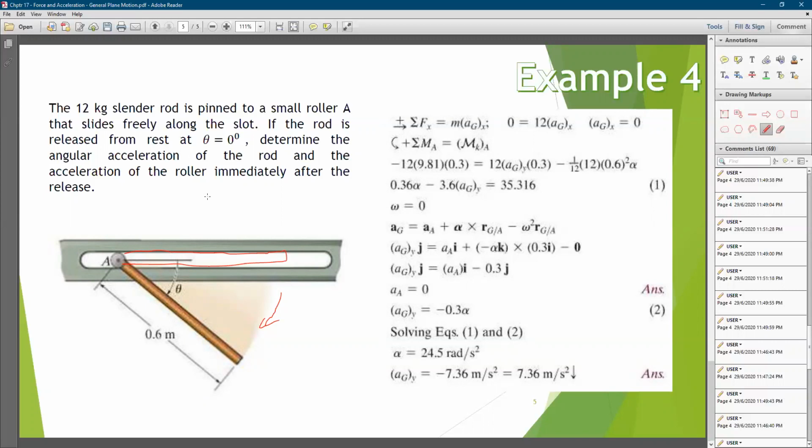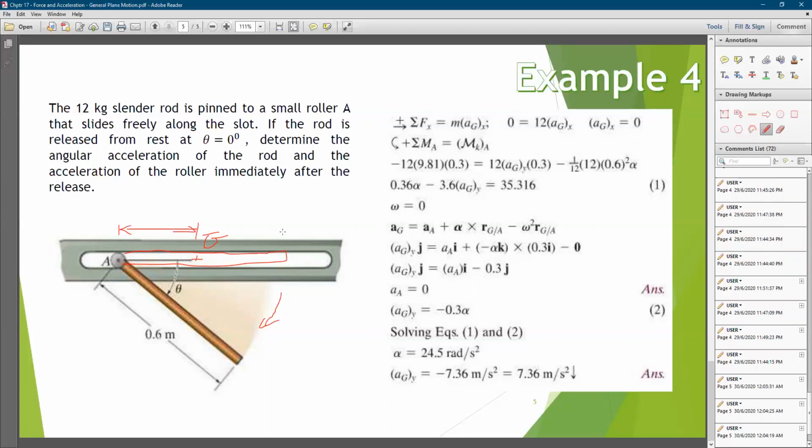To begin with, we must know that this particular slender rod is uniform, in the sense that the point G is somewhere here because it is uniform, and the total length is 0.6. Therefore, from point A to point G should be the same as from point G to this end here.